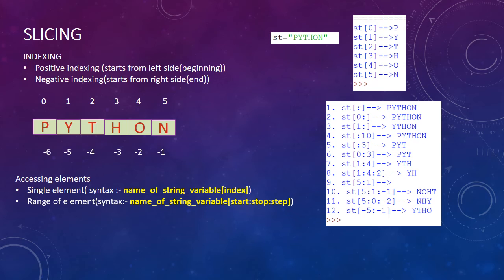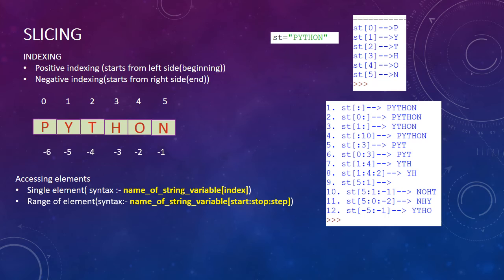So in the third place, what is there? H. So it will start from y and it will add 1 plus 2, that is 3. What is there in the third index? H. So it is printing y h. Understood? Very good.